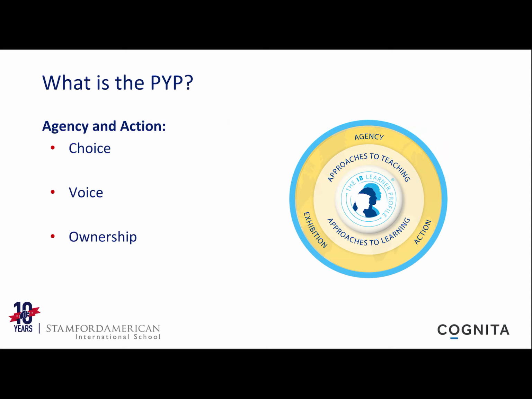In the PYP, in terms of teaching and learning, there is a focus on agency and action, and that means that we try to offer opportunities for students to have some choice and voice in their learning, hoping that that will increase the ownership.